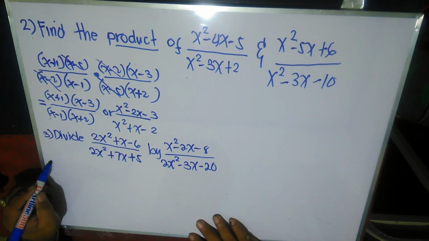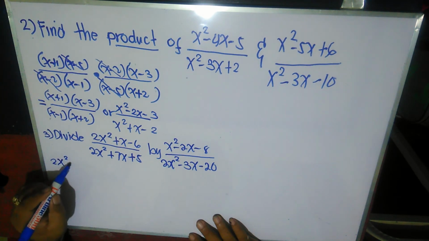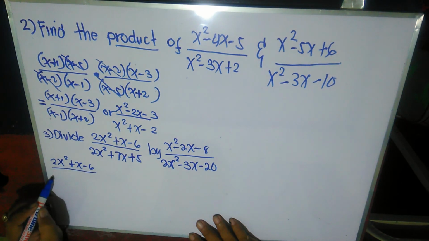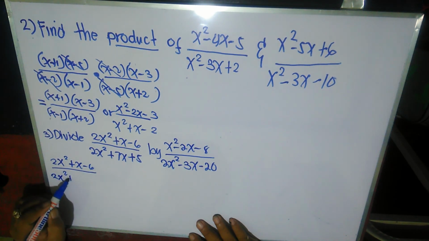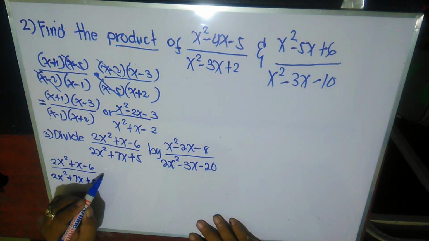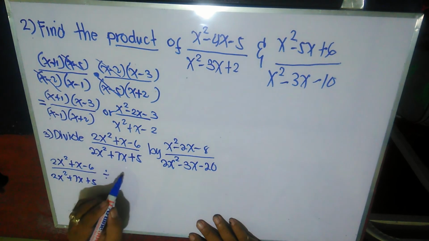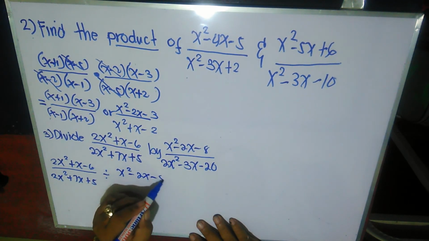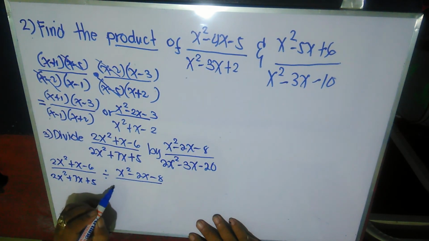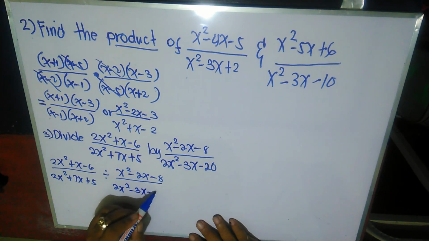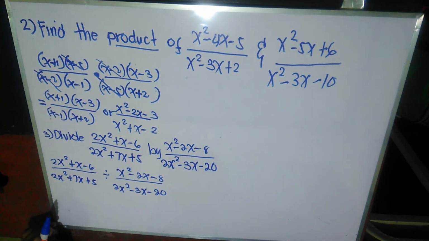So we rewrite this given into a division form: 2x squared plus x minus 6 over 2x squared plus 7x plus 5 divided by x squared minus 2x minus 8 over 2x squared minus 3x minus 20.